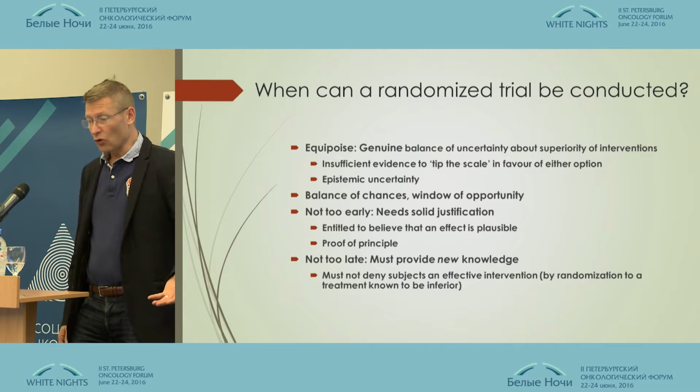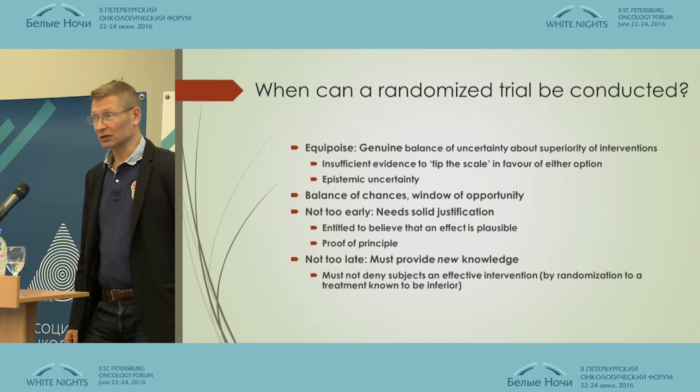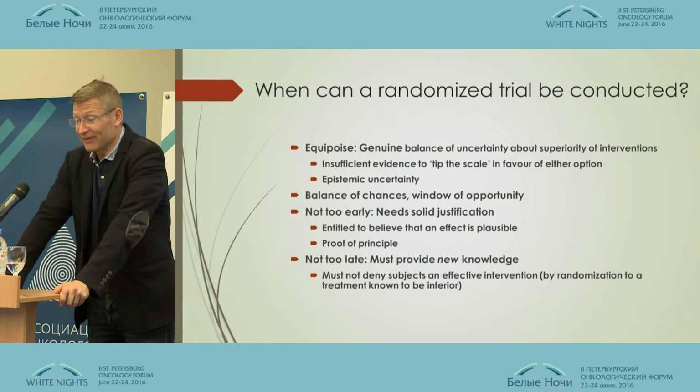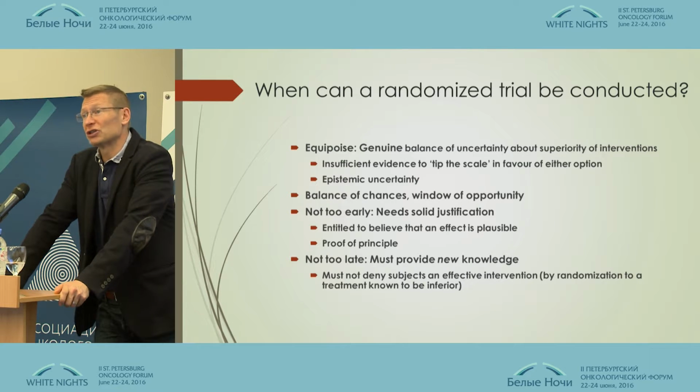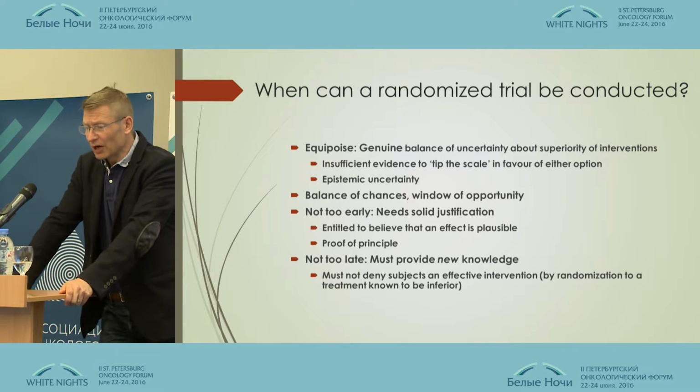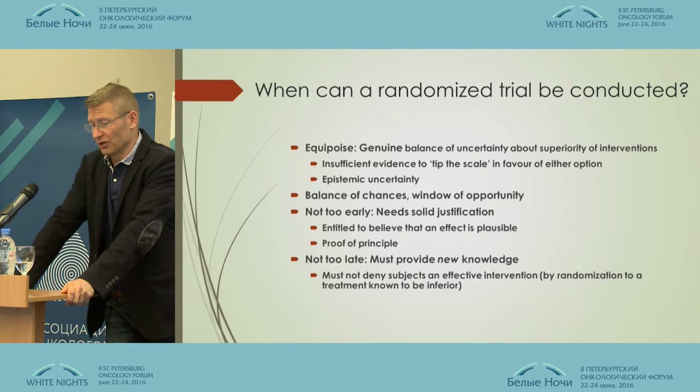And the reason for not being able to conduct randomized trials when we already know is, of course, ethical. It's not possible to deny patients an intervention that is known to be effective by randomization to something that we know is inferior.